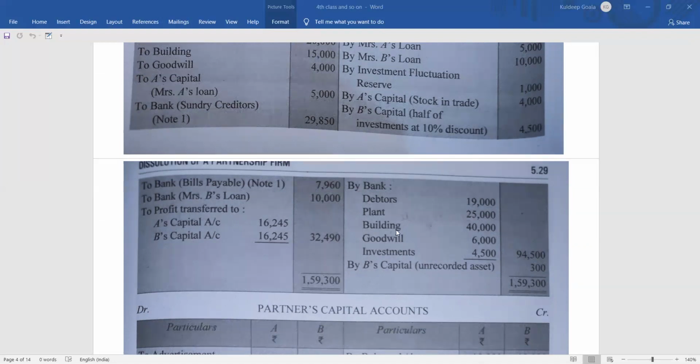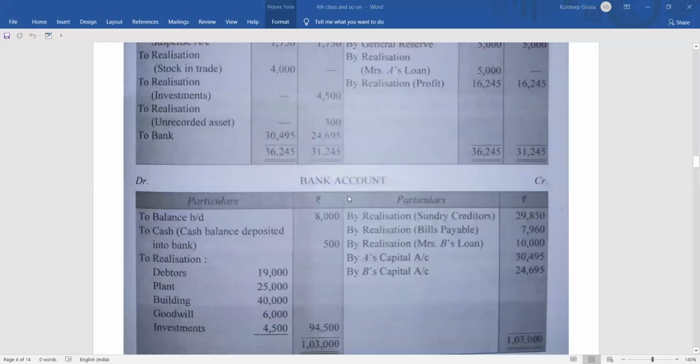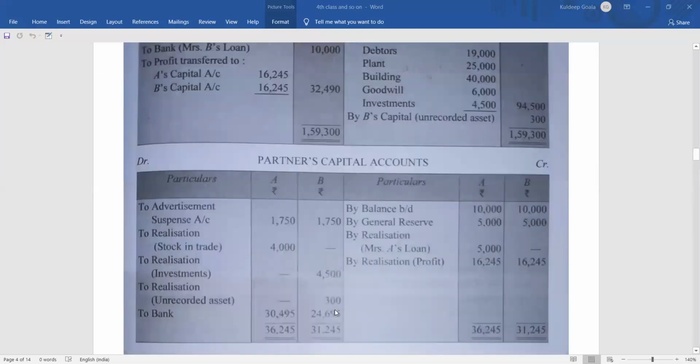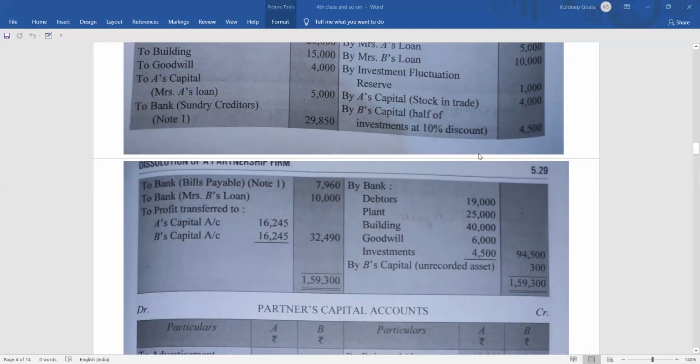So realization credit side is here, and it will come in the bank debit side as to realization 94,500, asset realized. So in the bank debit side, to realization, all the assets realized 94,500. If you don't mention all this, only if you write asset realized, that is also correct. Okay, done. Now the bank entries from the realization are over.